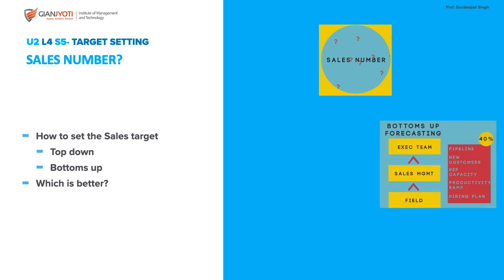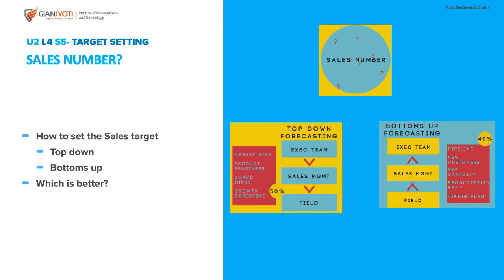For example, with bottom-up forecasting, the field staff and then the sales management in the middle convey to the executive team a 40% sales growth, as an example we take. Whereas the top-down forecasting is saying a 50% growth objective. The question is, which approach is better, bottom-up or top-down?